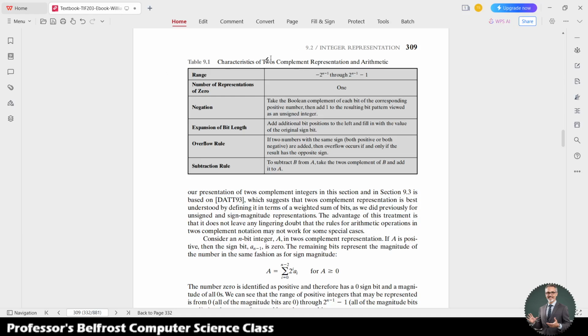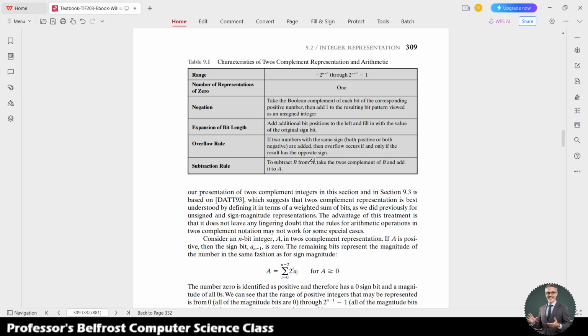We can express a number with n bits with a value from minus 2 to the power of n minus 1 through positive 2 to the power of n minus 1, minus 1. There is only one representation for 0. For negation, we just take the two's complement, which is to complement each bit of the positive number and then add 1 to the result.